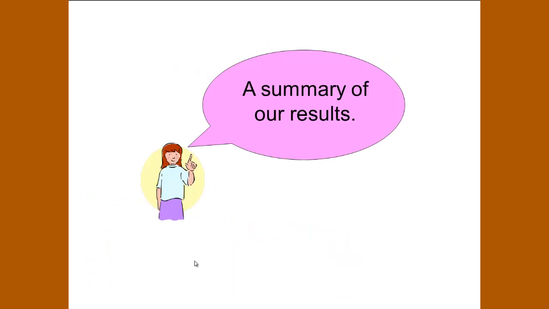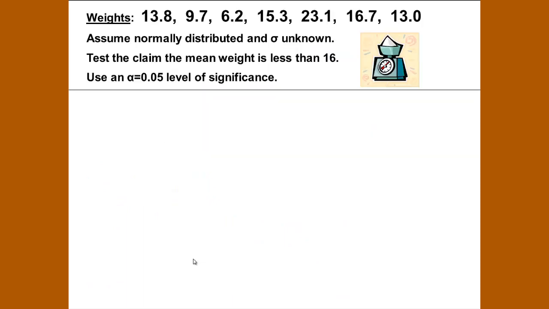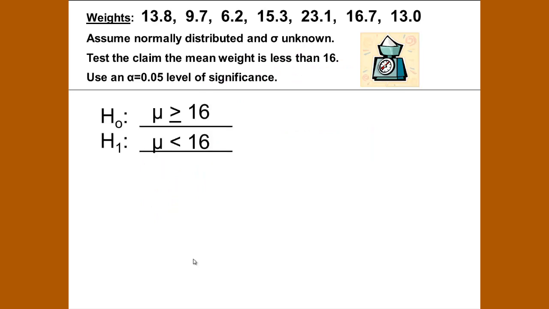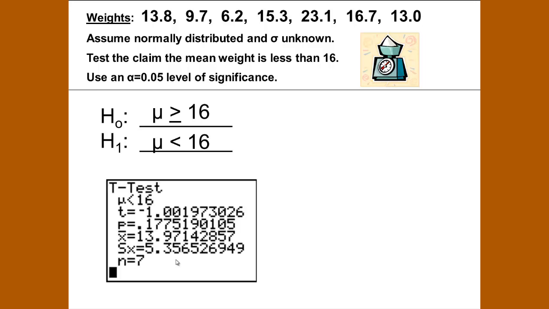Here is a summary of our results. We had our weights and testing the claim that the mean is less than 16. We had our null and our alternate, the null hypothesis being that the mean is greater than or equal to 16, and the alternate hypothesis that the mean is less than 16.